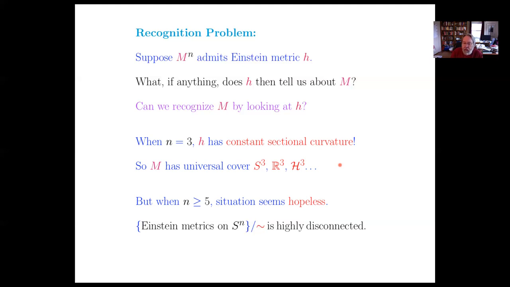If you were given a little piece of one of these metrics, you would probably have no idea that you were on a sphere. So in high dimensions, even though Einstein metrics are very interesting, they're not necessarily very good for solving problems linking geometry to topology. On the other hand, in dimension 4, the situation is much more encouraging.